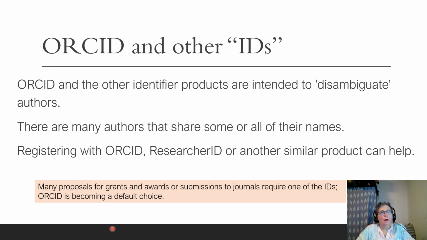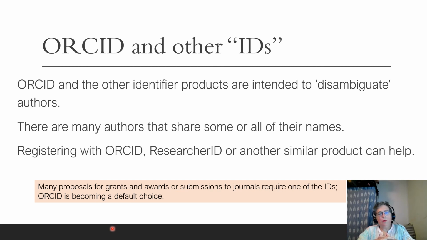So orcid.org is where you can go and make a profile and tuck in your various publications as you put them in, as you have things published, or if you have a poster, or if you have a conference presentation, whatever. And what that does is tie your work to your particular name.